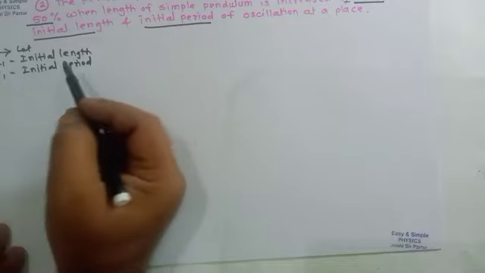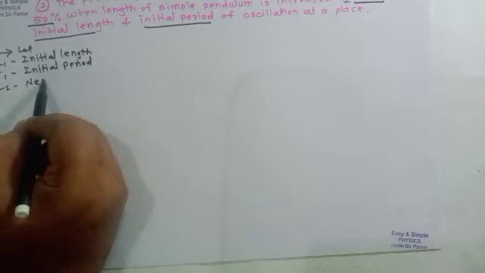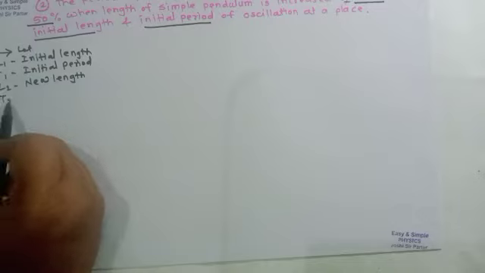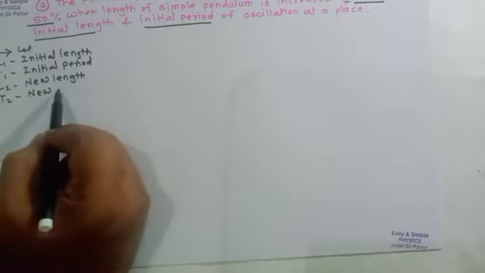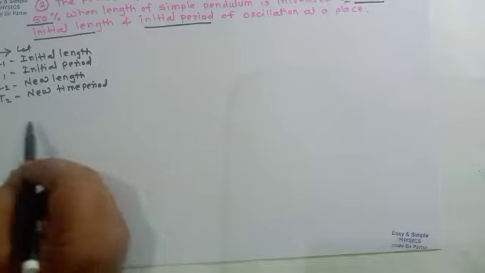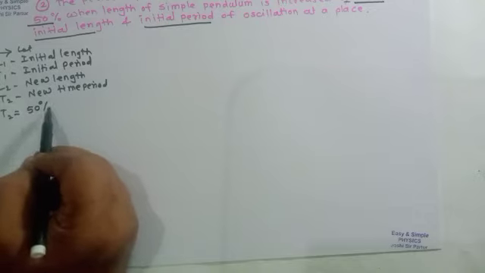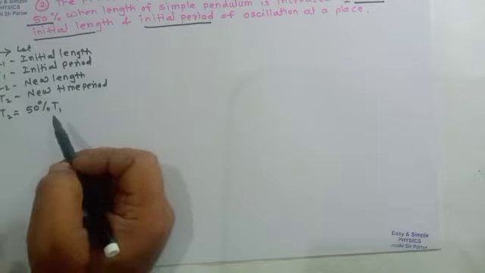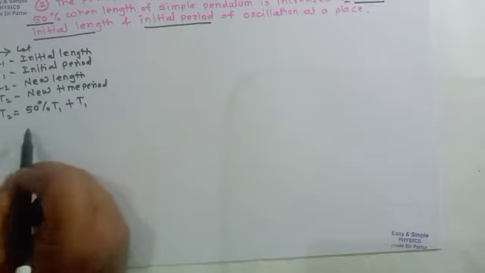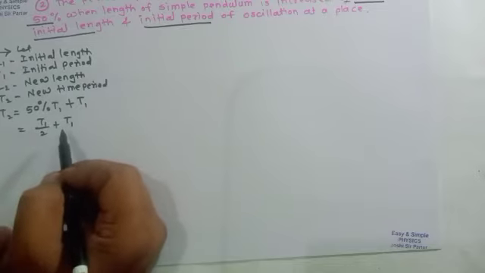So it can be found that L2 is the new length and T2 is the new time period. It is found that T2 is increased by 50% of T1 plus the original, meaning T1 upon 2 plus T1.